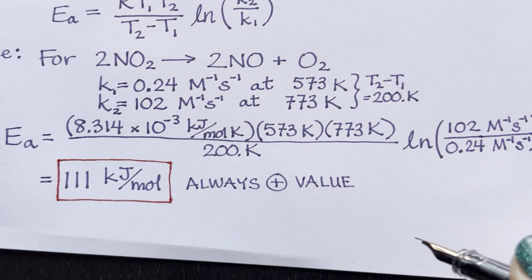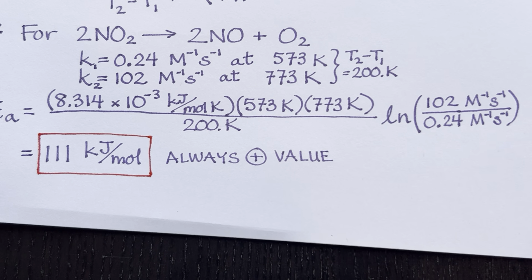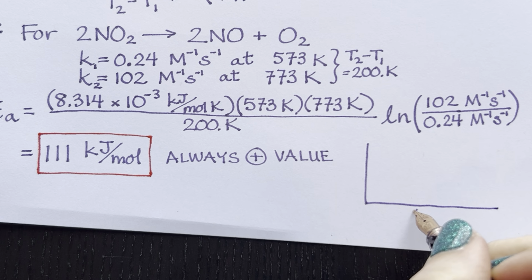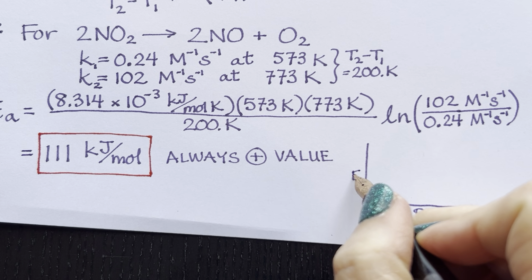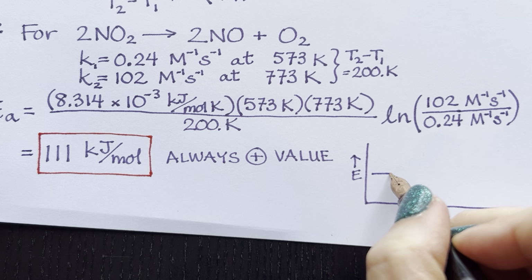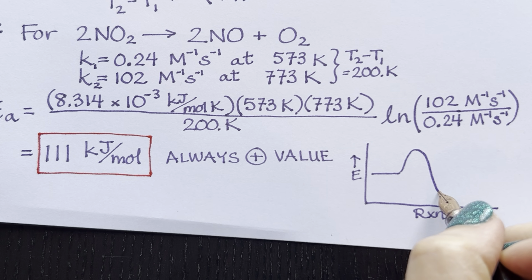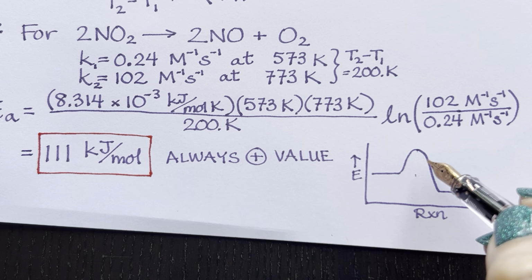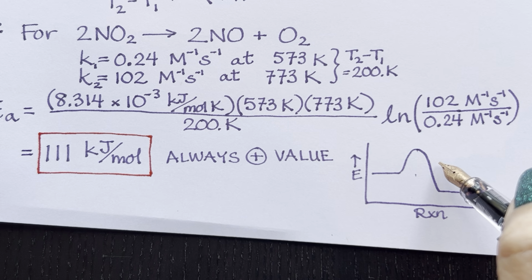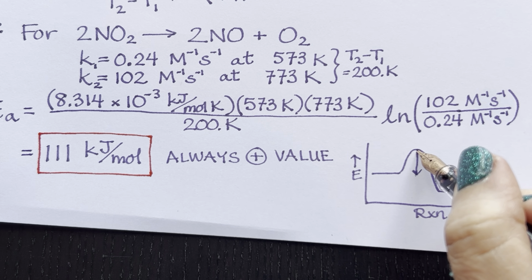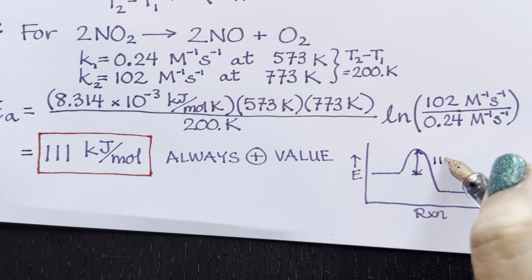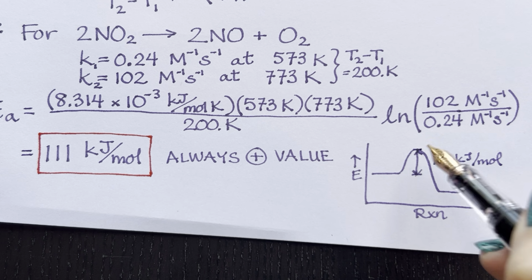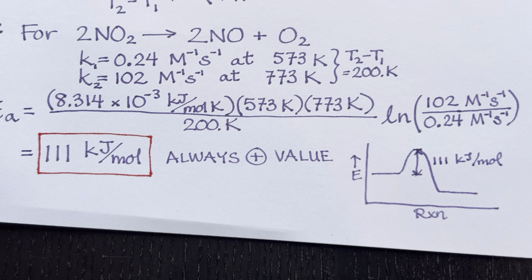All right, and that corresponds to that diagram, that graph that I showed you before, where we're looking at a reaction, energy, okay? And we saw that we had to go over that barrier, right? This is positive. We're going up in energy. We need an input of energy to make it over the activation energy. So this difference here in this case is 111 kilojoules per mole. Okay. Your activation energies will always be positive.